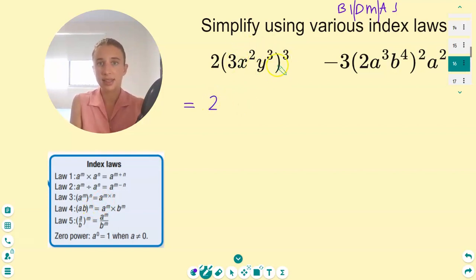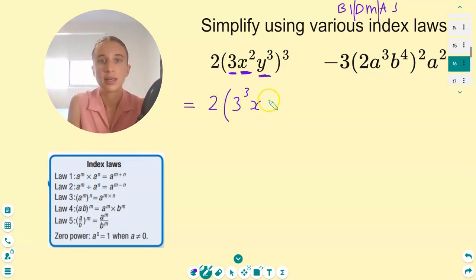Anything raised to the power of 3 means each thing in that bracket is raised to the power of 3. So we've got 3 to the 3, x squared to the 3, y cubed to the 3. When we're raising a power to a power, we multiply the powers.